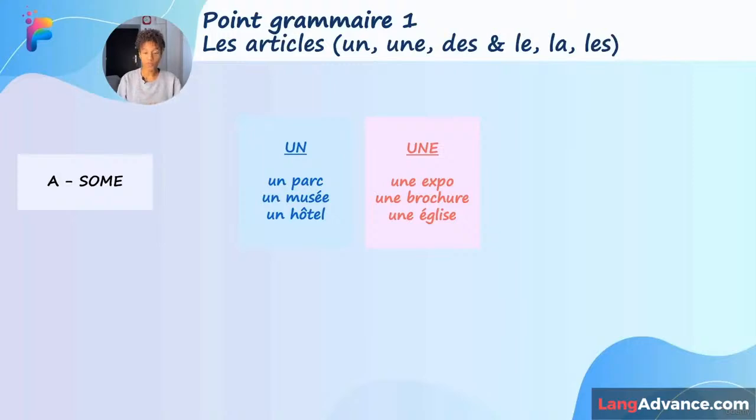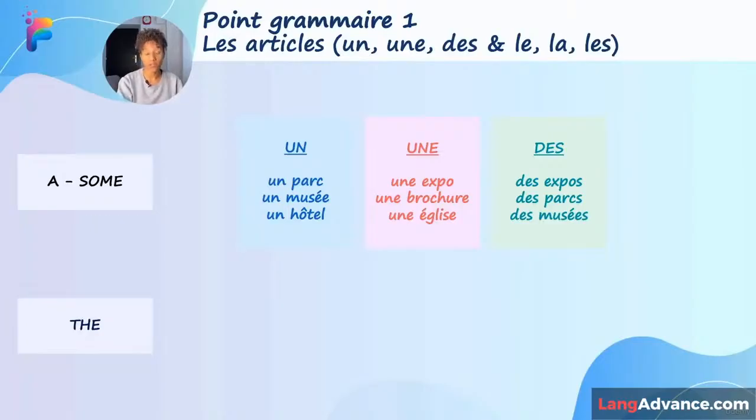Une expo, une brochure, une église. When it's plural, we use des. Des expos, des parcs, des musées.